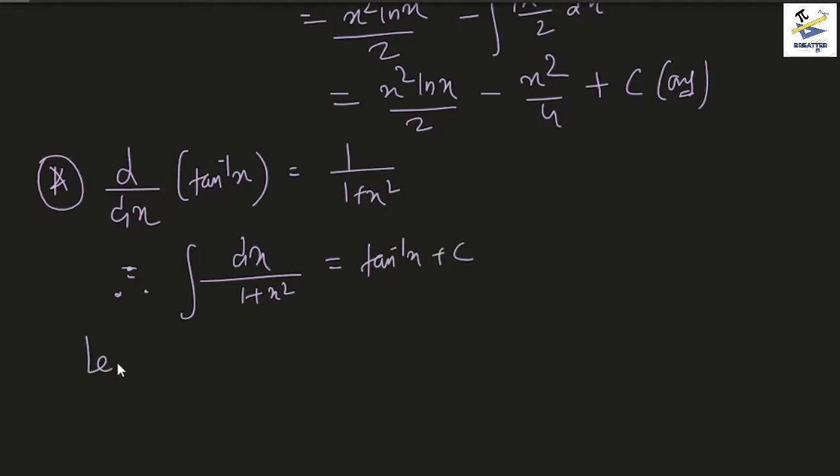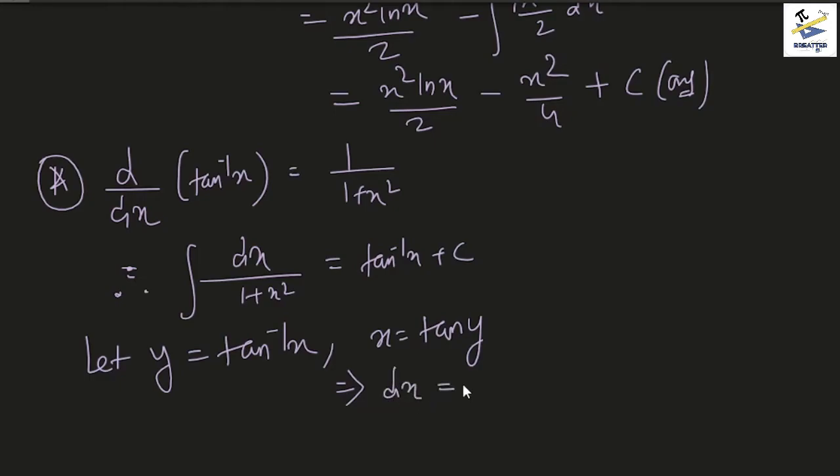Let y equal tan inverse of x, then x should be equal to tan of y, right? And what we are trying to find is dy by dx, so let us see how to find that. The derivative of tan y is sec square y, if you remember it from the derivative section.